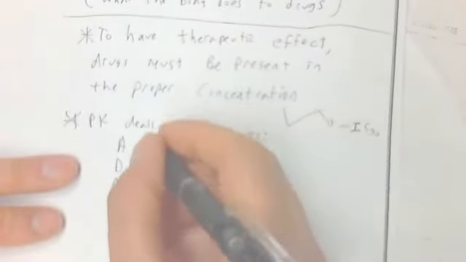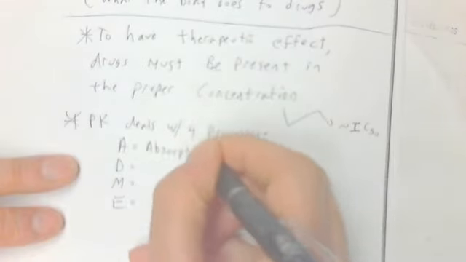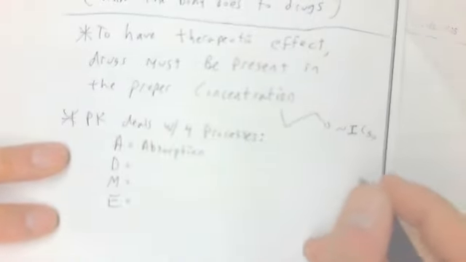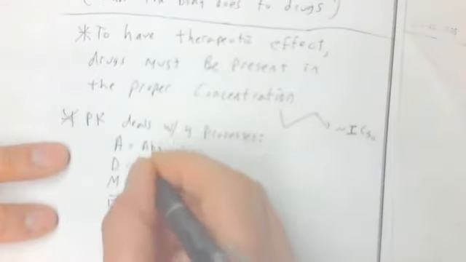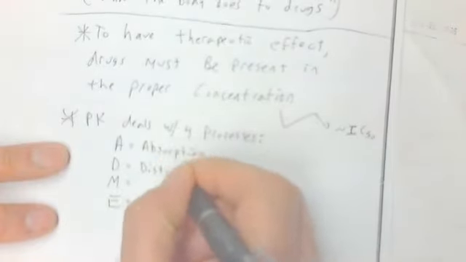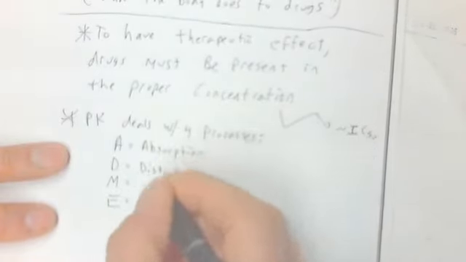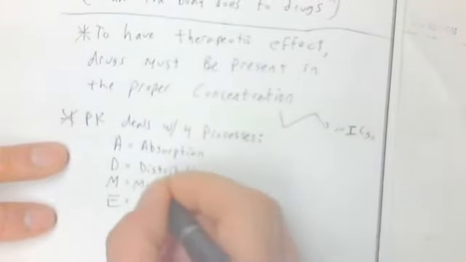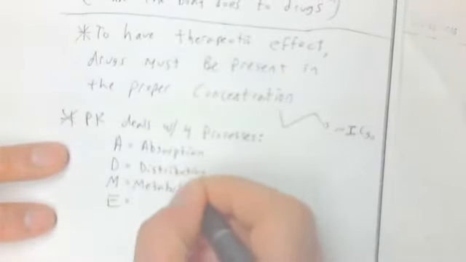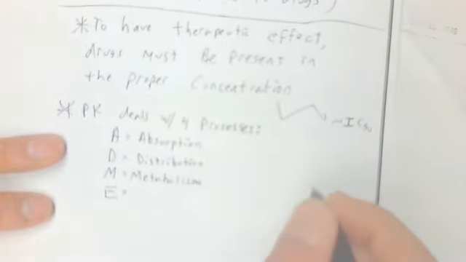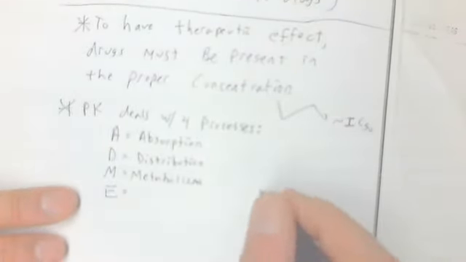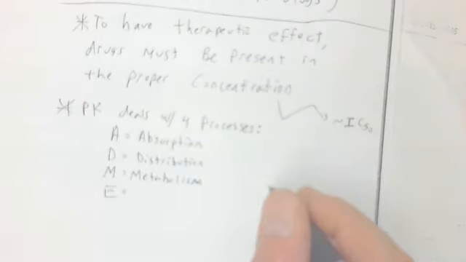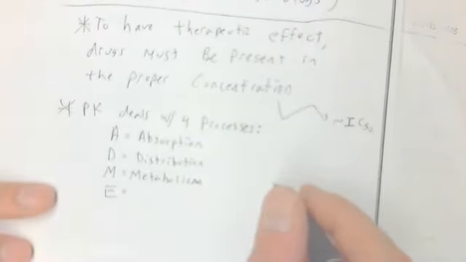A is absorption. D is distribution. M is metabolism. What's the last one? When the drug's done and needs to be removed from your body, it's excretion.